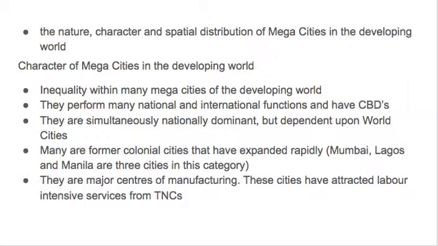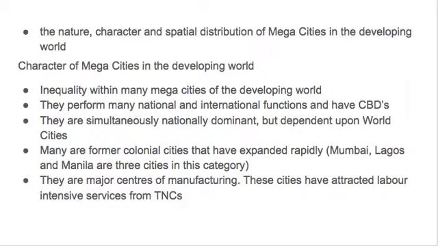So of course they're dependent upon our world cities, but also they function, like I said before, in that manufacturing role. They are also centres of the economy for developing countries. So as it says here, they're simultaneously nationally dominant but also dependent.